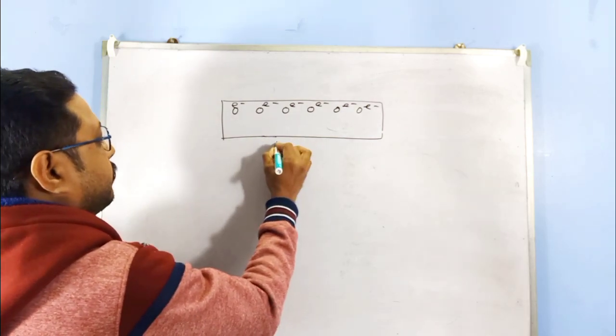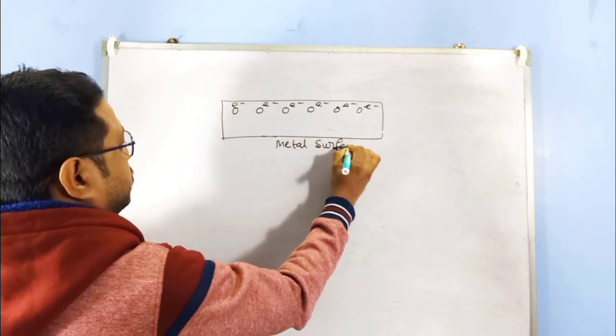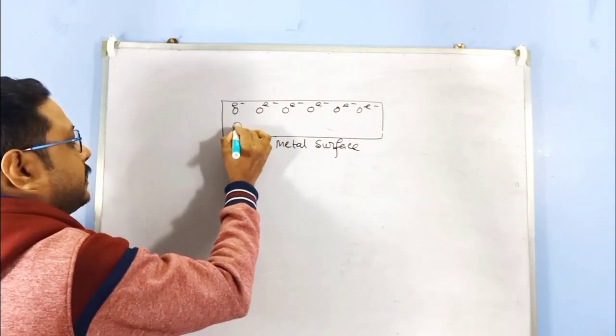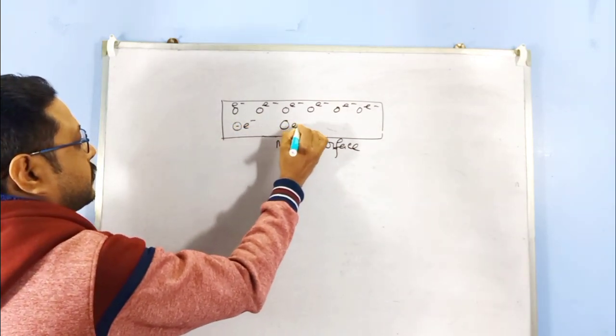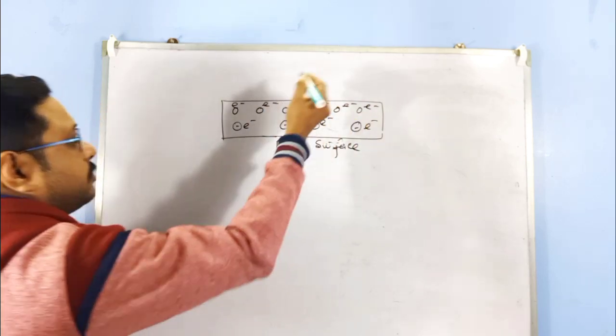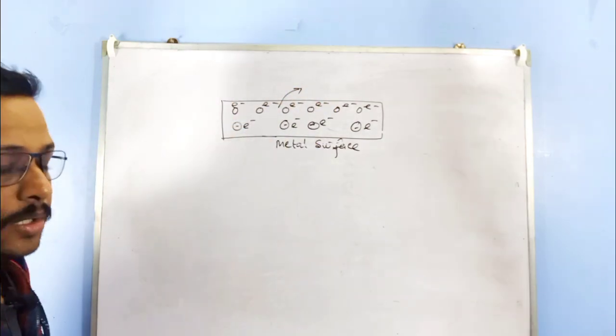If this is the metal surface, then the free electrons will move inside the metal. Every electron is free to move inside the metal, but it does not come outside from the metal.